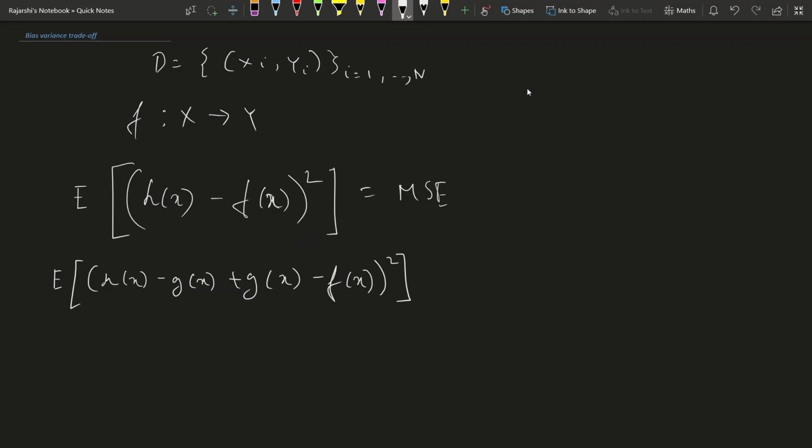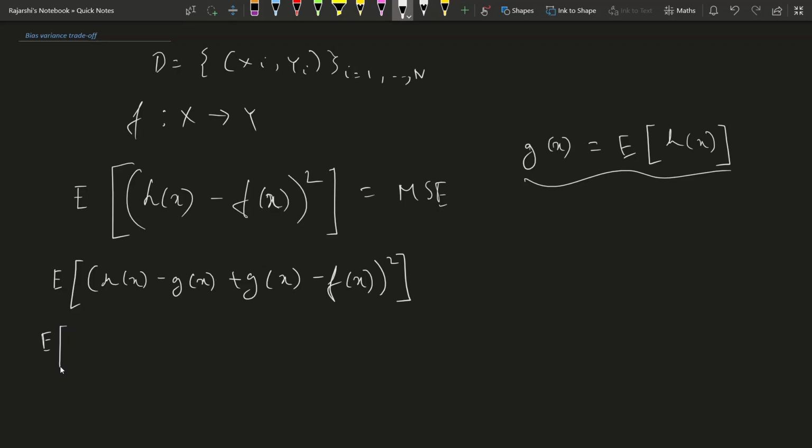Now what is this g of x? Well, g of x is nothing but the expected hypothesis, meaning the expected value of h of x. Now what is the meaning of this entire thing? I will explain that later with an example. But first let us evaluate this one.